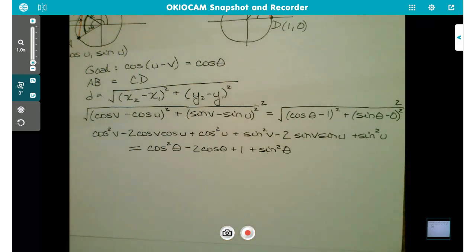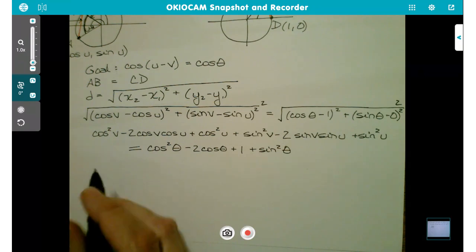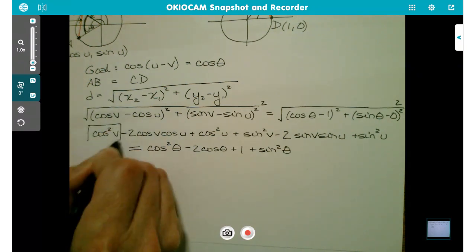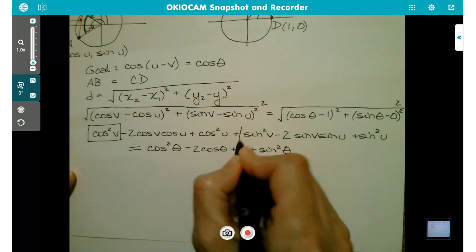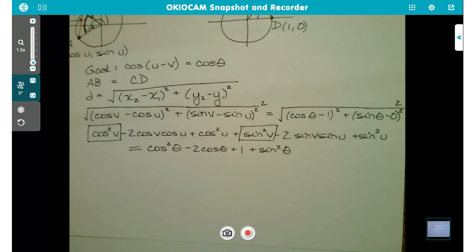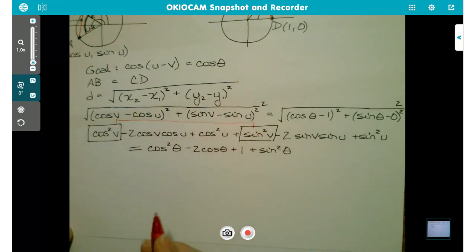That's a lot of stuff, but good news. Look what we can do. Here's Pythagoras raising his head again in the best possible way. I got a cosine squared V and I got a plus sine squared V. Pythagorean identity. Cosine squared V plus sine squared V is 1.